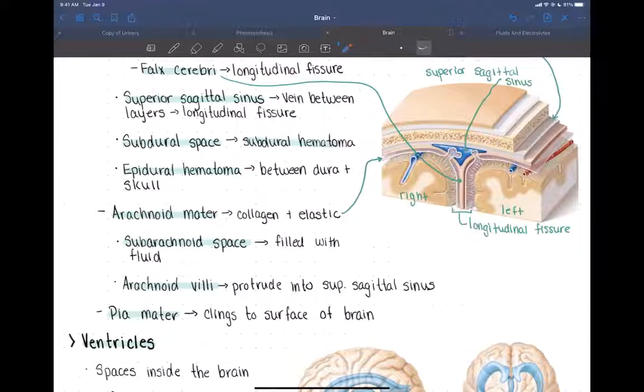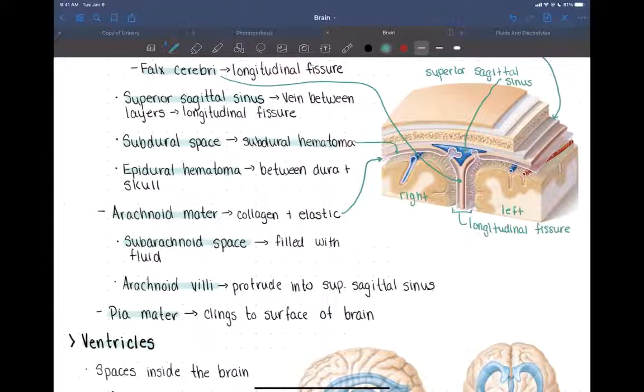All right, so we have a subdural space that's going to be between the dura mater and the arachnoid. We'll label it here. It's just this little space before that arachnoid mater.